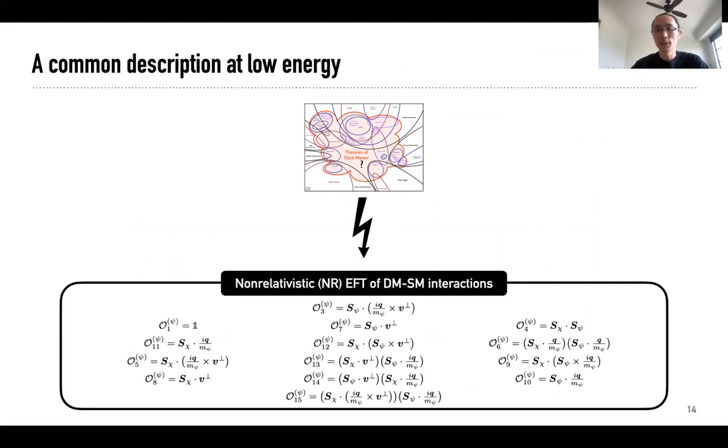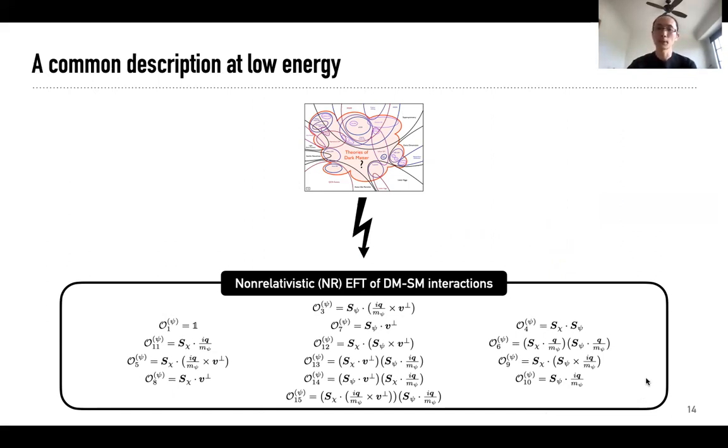And in fact, we do have a well-established framework for dealing with broad classes of dark matter models, which is an effective field theory framework. So for many of these models, we can match them onto a set of non-relativistic effective operators, which are well known from previous studies in nuclear recoils. So these are the effective couplings between the dark matter and standard model particles.